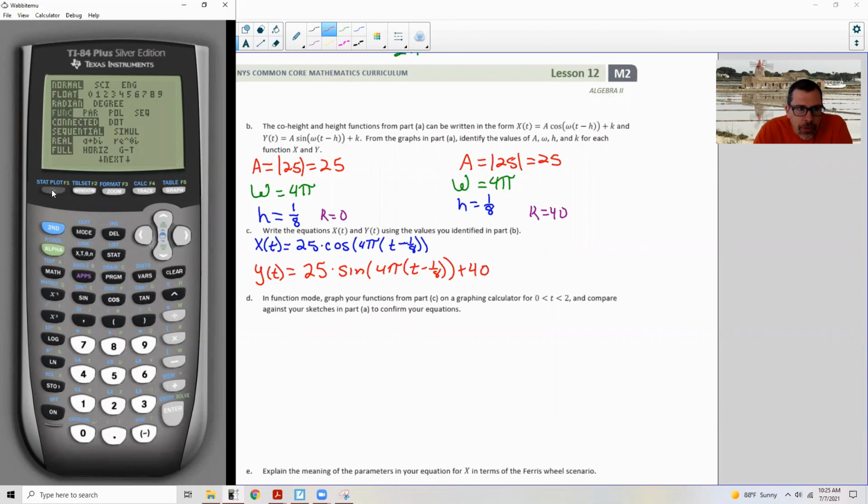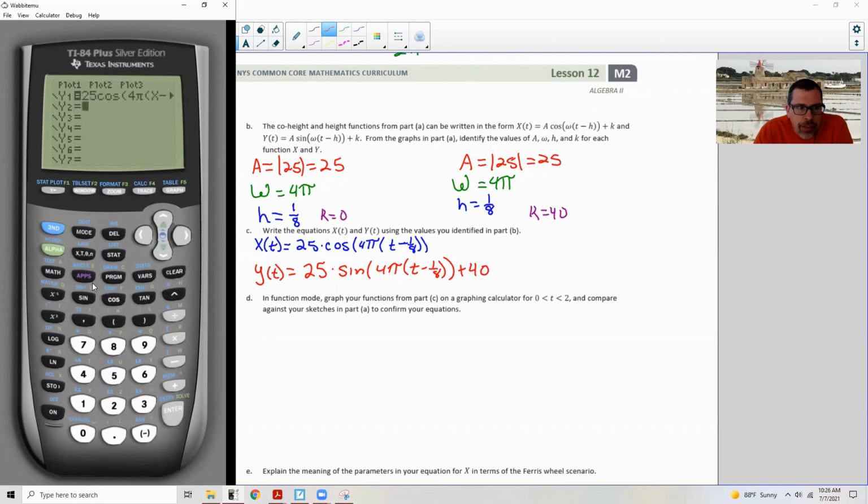So now I'm going to go to y equals, and I'm going to put 25 cosine 4 pi parentheses x or t minus 1/8. Enter.